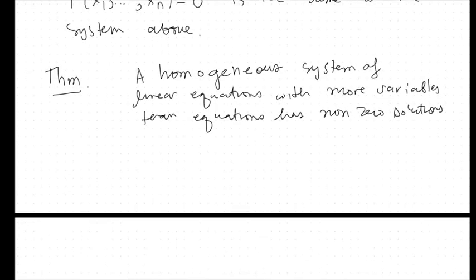So a short proof is just an application of the linear map from F^n to F^m.